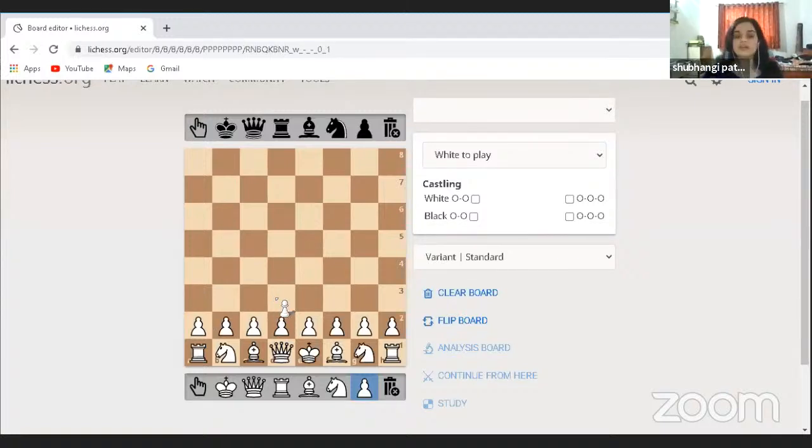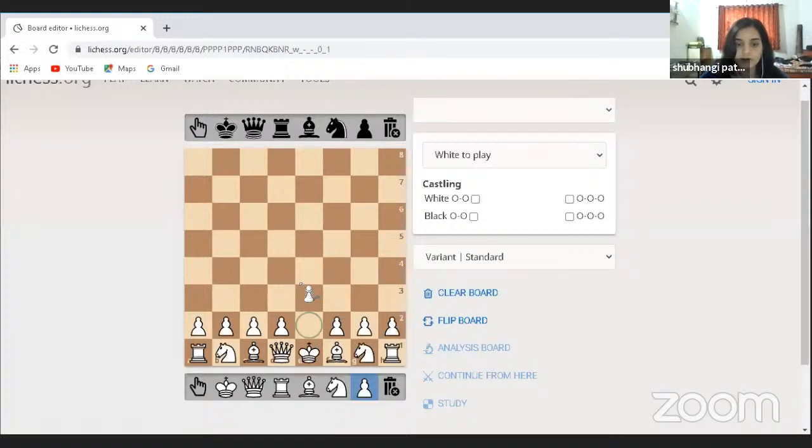Okay, now you can see the numbers on the chessboard. H, G, F, E, D, then C, then B, then A, and these are the alphabets, and here are the numbers. Okay. So, for example, you have made your first move as this.